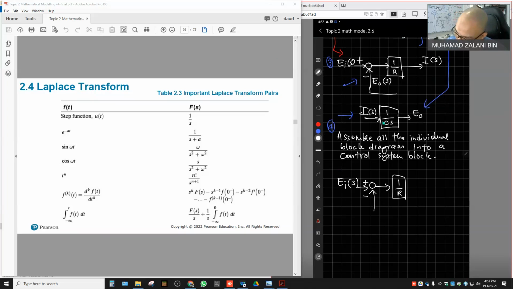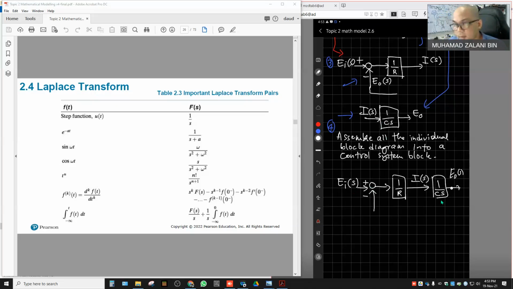Okay, and then the output from the 1 over R block is I(s), which is the input of the 1 over CS block, and then the output is E_o(s). That is the output.